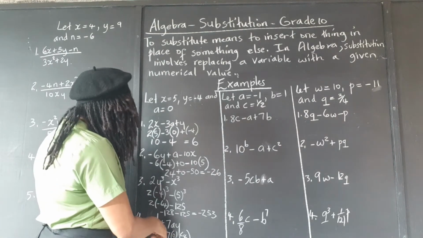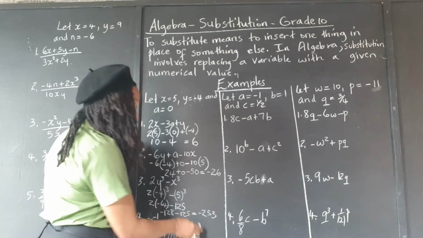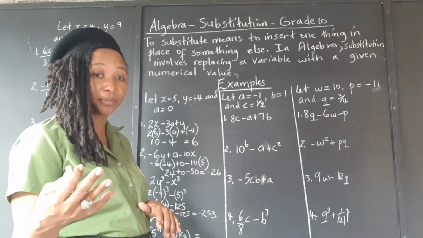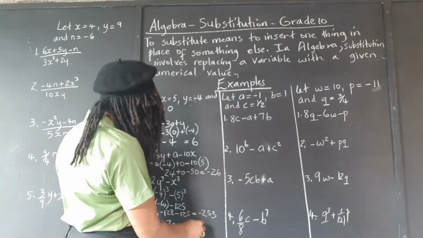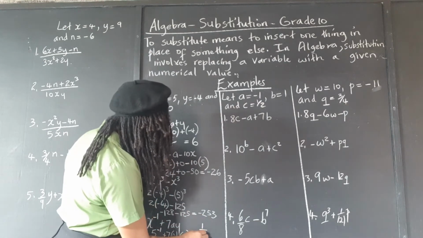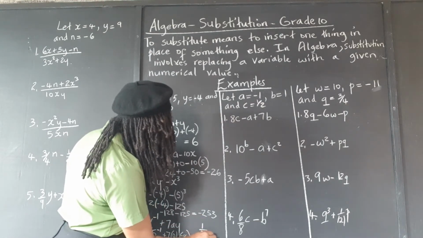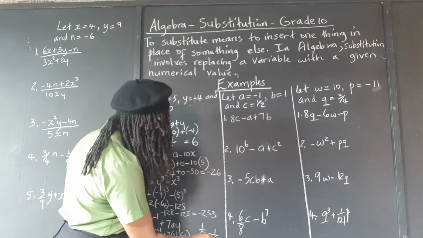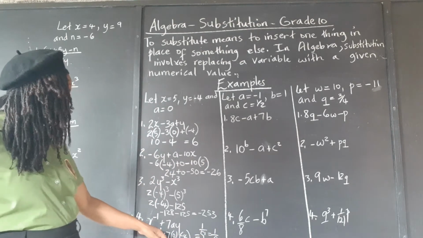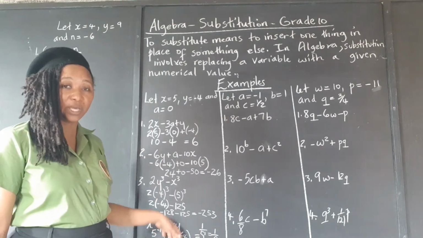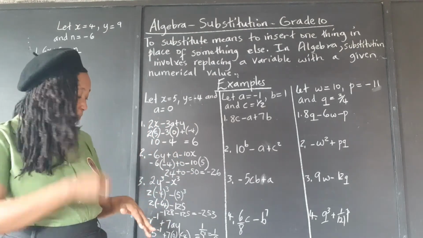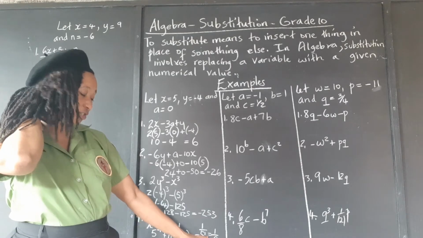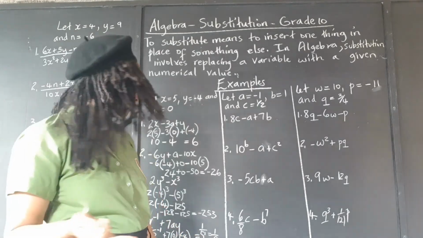The 5 to the negative 1, when you raise a number to a negative power, is 1 over that number raised to the power. So it's 1 over 5 to the first power, which is 1/5. So raising a number to a negative power means the inverse, 1 over the number raised to that power. We're raising 5 to the first power, that's 5.